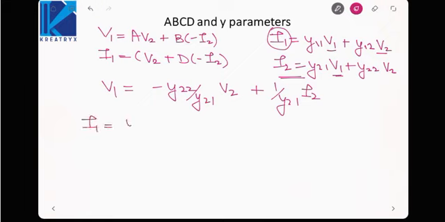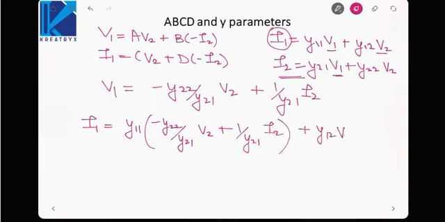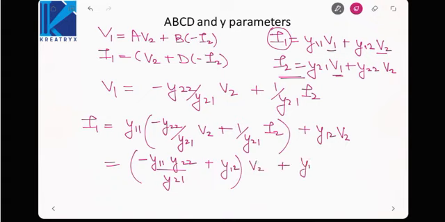I1 is equal to Y11 times minus Y22 by Y21 V2 plus 1 by Y21 I2, plus Y12 V2. So it will be minus Y11 Y22 by Y21 plus Y12 V2 plus Y11 by Y21 I2. Okay.